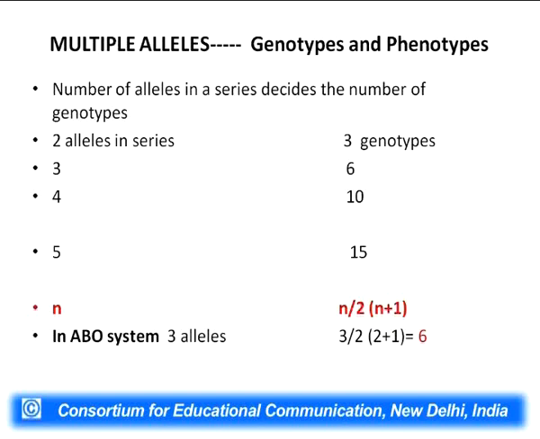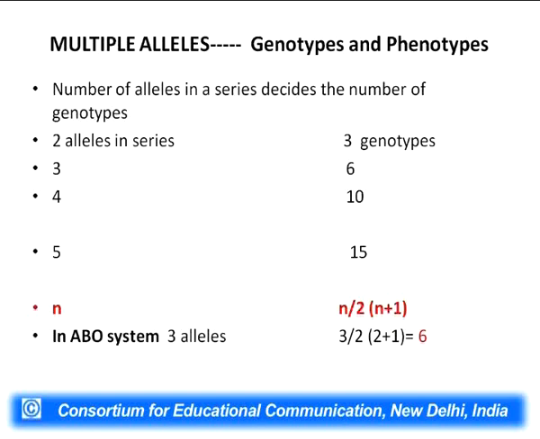There is nothing new, this we have studied in Mendelian characters. But then if we have three alleles like we have in A, B and O in the form of IA, IB and i, then there are 6 genotypes. Likewise, if we have 4 alleles, then the number of genotypes is 10, and 5 would give rise to 15. So, that means a general formula is there.